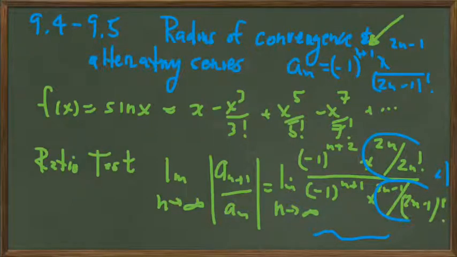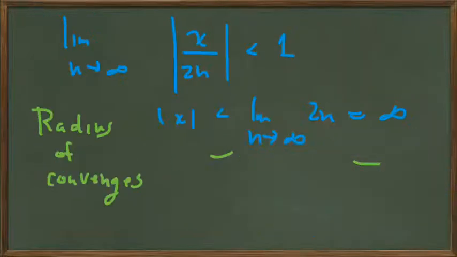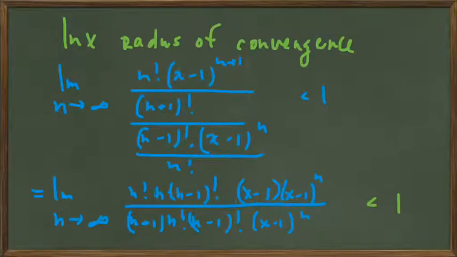Same would be true for cosine, same for e to the x, but ln x has a much more restricted radius of convergence, as you see on page 203. So if we follow or show the steps and find the radius of convergence for ln, let's see what cancels here.